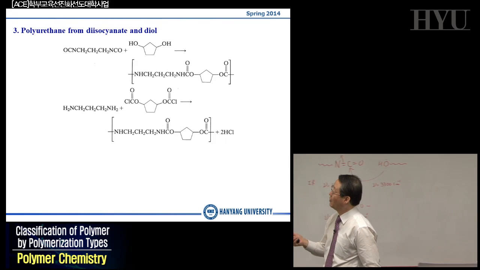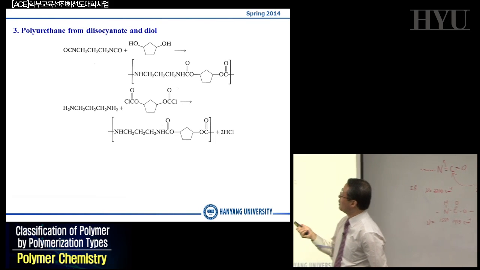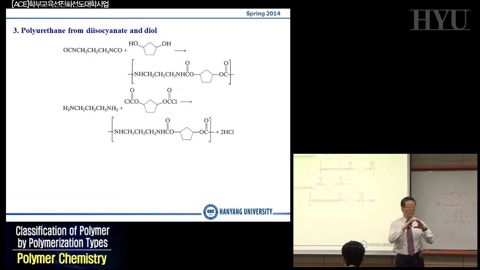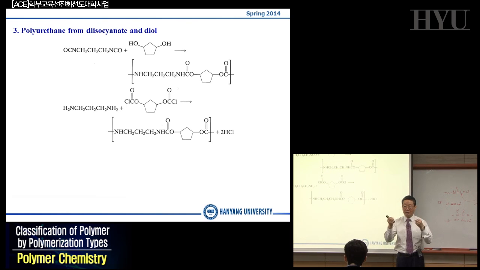Now, depending upon what kind of aliphatic group, or whether you have an aromatic ring in between the isocyanates, you can make a very hard urethane or a soft urethane. Okay? Hard urethane comes from the presence of an aromatic ring. If you have a benzene ring between the isocyanates, you can make a very hard polyurethane.